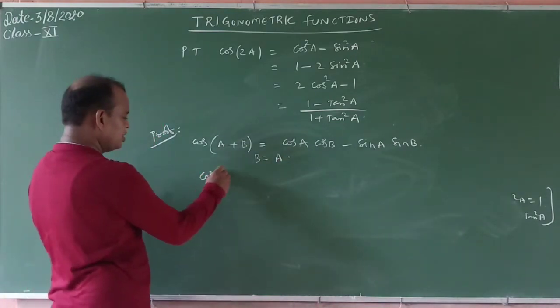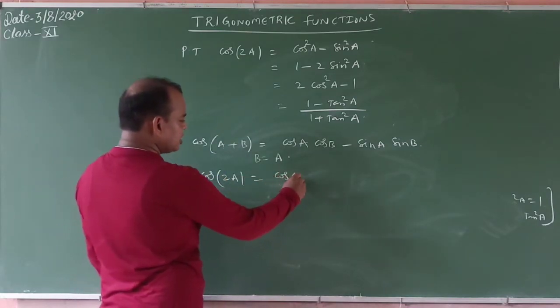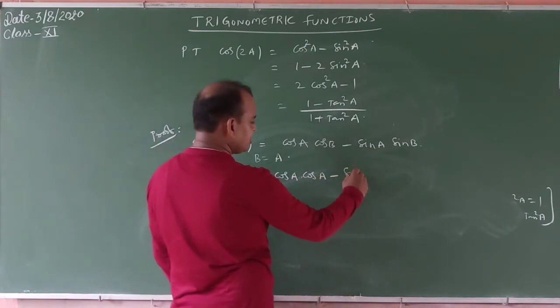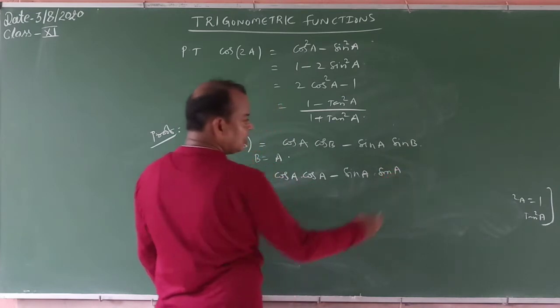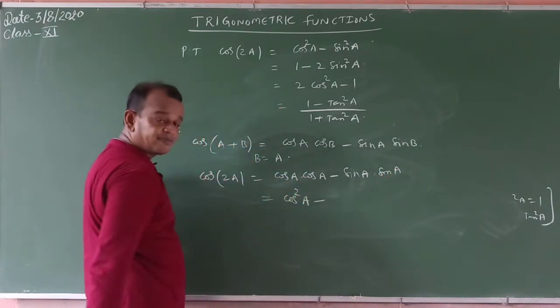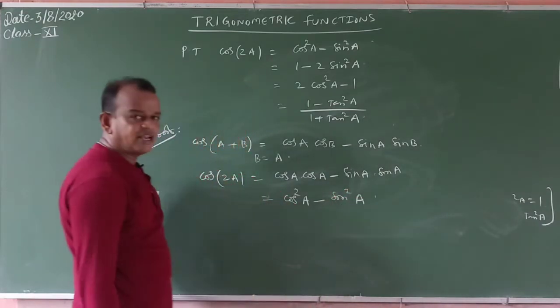Cos of A plus A, that is 2A, is equal to cos A cos A minus sin A sin A, that is cos square A minus sin square A.